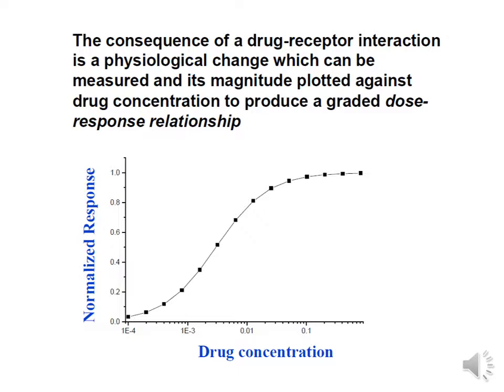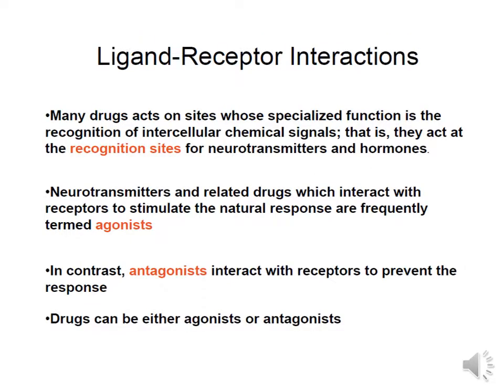And here is an example of how we can measure the response of a receptor at different drug concentrations. And in this last slide, you can find a summary of what I've just explained about the differences between agonist and antagonist.